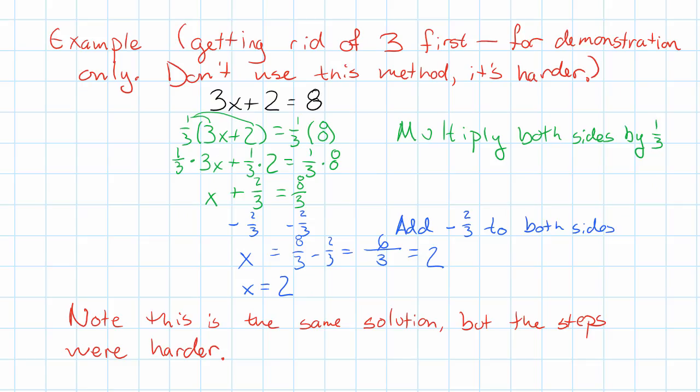In particular, this step where we had to distribute was just harder because we had to do that distribution step. And furthermore, we ended up with fractions when we didn't need to. So this is a perfectly correct way to do this, but it's the hard way. And when you have the choice between the easy way and the hard way, choose the easy way.